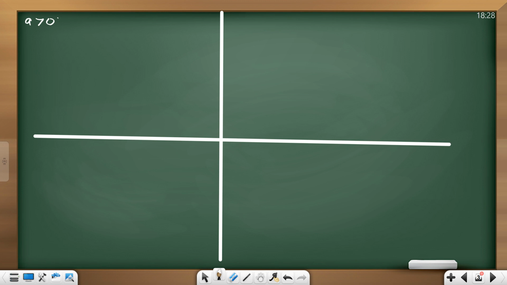We are expecting it to be what? Smiley face, right? When a is greater than 0, for a parabola, we say it's a smiley.